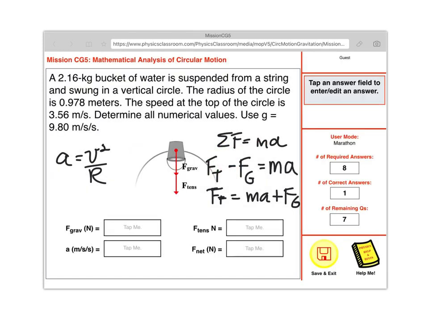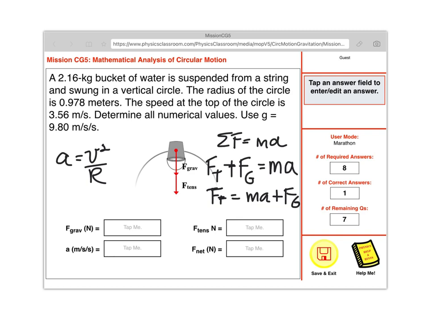Okay, here's another one. Notice the difference here. In this case, both forces are down. So just so we don't have all negative signs, we're going to say that down is positive. The tension force is down, the gravity force is down, they're in the same direction, so they're positive, and the acceleration's down. So I'm just going to leave them all positive.